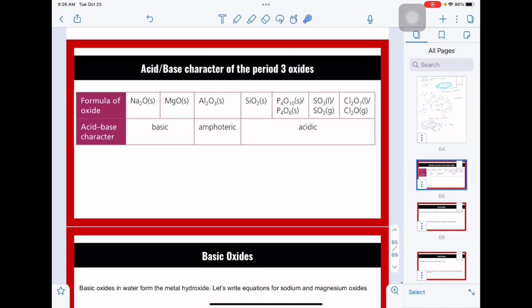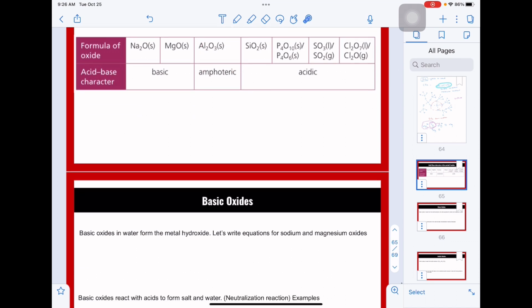Okay, so the other thing that you need to know is the acid-base properties of period 3 oxides. So we have the metal ones here, and we have the non-metal oxides. The non-metal oxides are acidic. Okay, easy. All of them are acidic. The metal ones, Na and Mg oxides, are basic, and then aluminum is amphoteric.